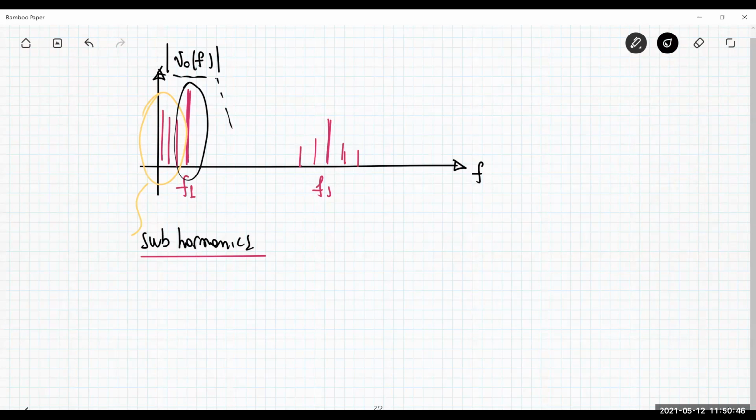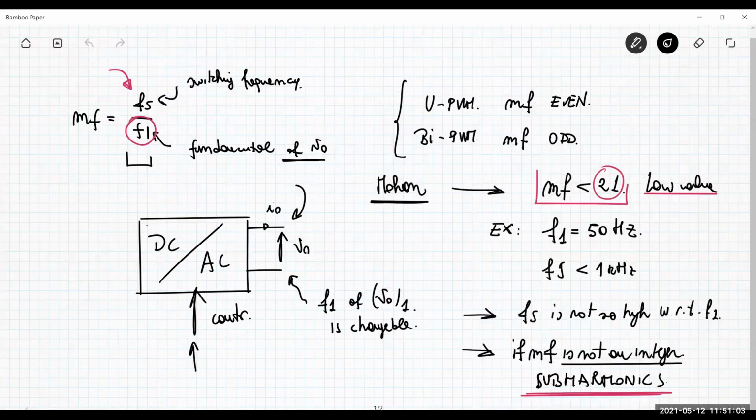Because a low-pass filter takes into account all the low-frequency content in this bandwidth, and so it has also the subharmonic content, which is not easily filtered. So in that specific situation, anytime you have an MF which is not so high, for example less than 21, you need to synchronize Fs and F1, meaning that the ratio should always be an integer number.